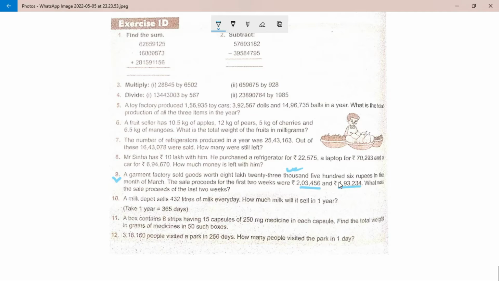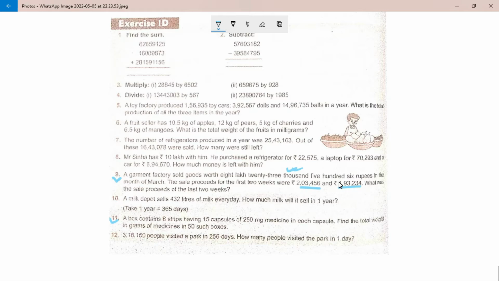The next question that we will solve is question number 11. A box contains 8 strips having 15 capsules of 250 mg medicine in each capsule. Find the total weight in grams of medicine in 50 such boxes.